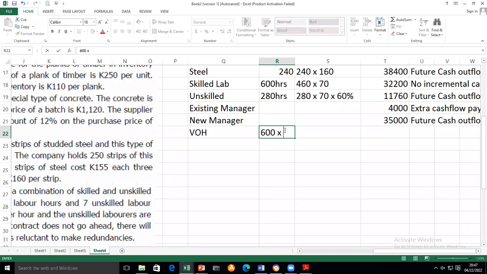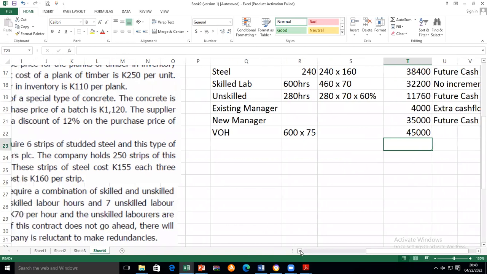And we're paying by how much? It's 75. Is it 75? Okay, that's 75.